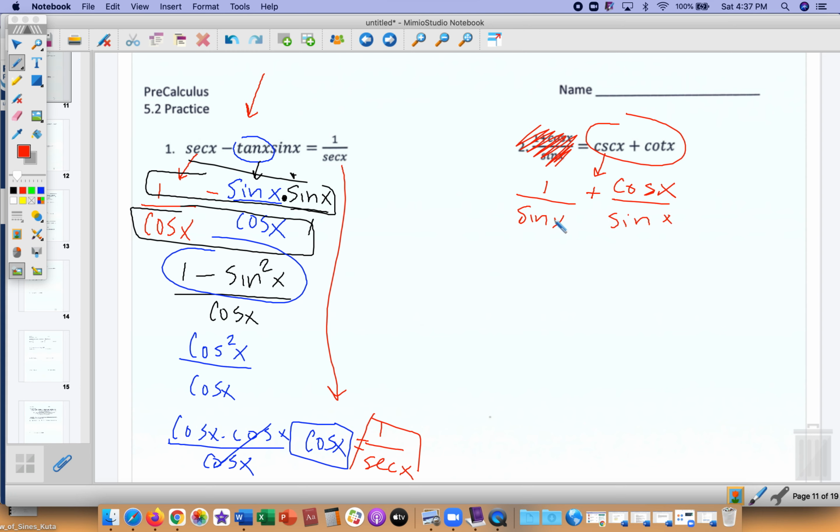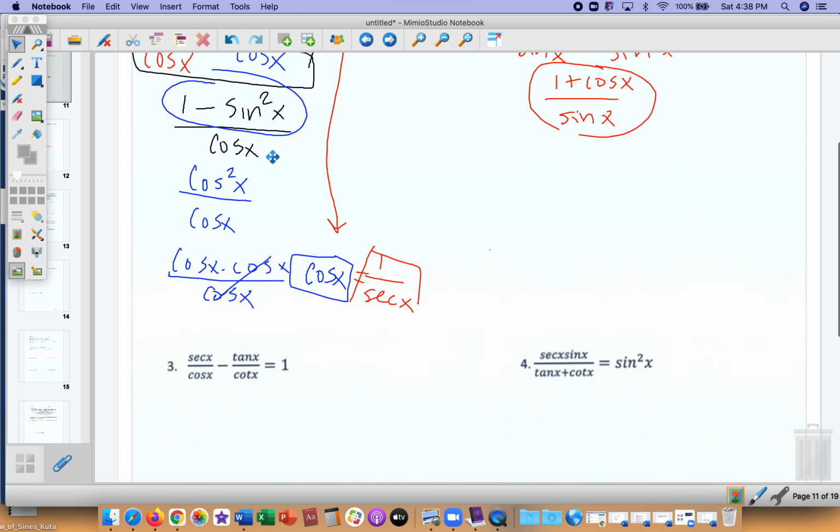And then we can combine these fractions because both the denominators have sine x, and on top we have 1 plus cos x. And if we look at the original problem, it said 1 plus cos x over sine x, so we're done. Not too much work for that one. Let's head down to our next problem.